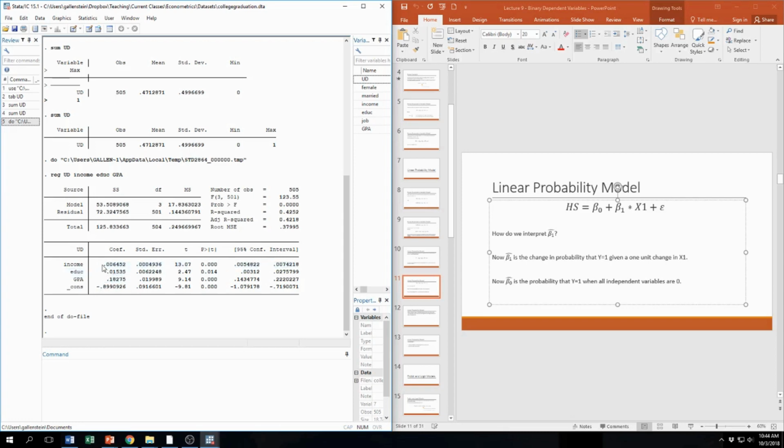Now that's unrealistic. No one in the data set has no GPA, no education, or no income. But if that were the case, then the probability that they have a university degree is negative 90%. So this doesn't have a very clear intuitive interpretation, but that's what this is saying. Okay.